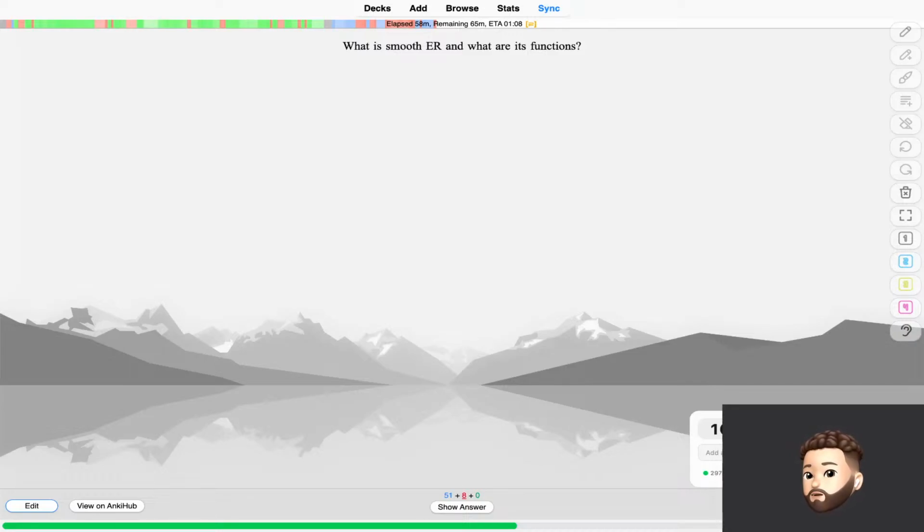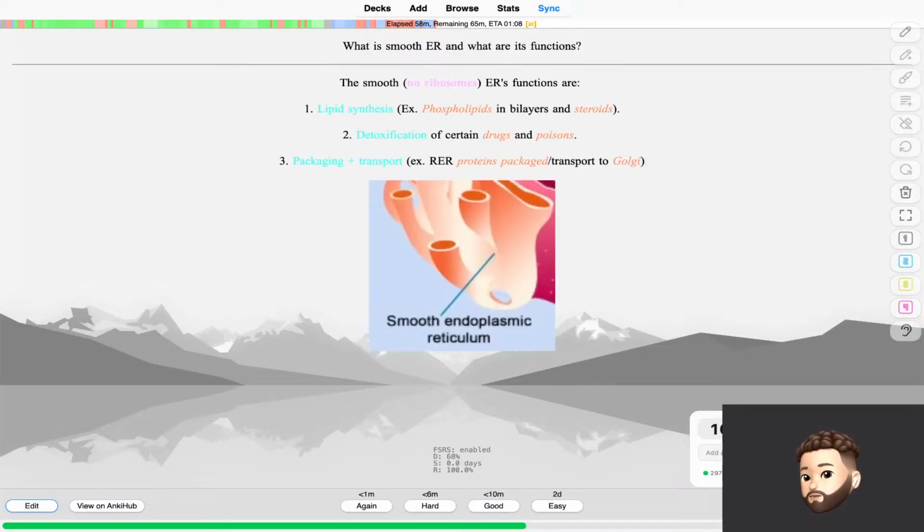The smooth ER. What's the definition again? It just says the functions. It literally doesn't even say what it is. Okay.